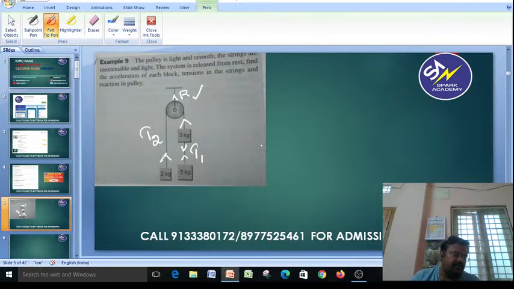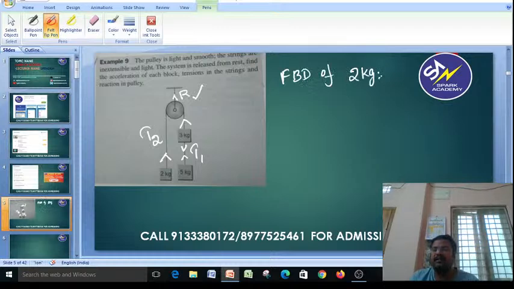So let us take the free body diagram of the first block. The free body diagram of the 2 kg block I am taking here.